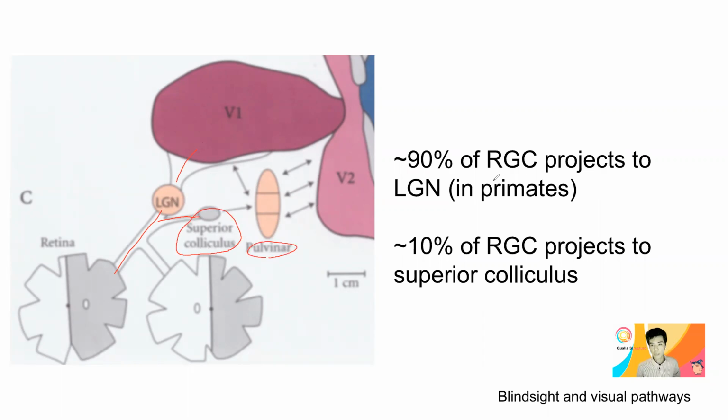In fact, retinal ganglion cells do not always project to the lateral geniculate nucleus of the thalamus, LGN. Roughly only 90% goes there, and 10% is said to connect to the superior colliculus. So that's this tiny structure. So what is the significance of this connection? That's the question.